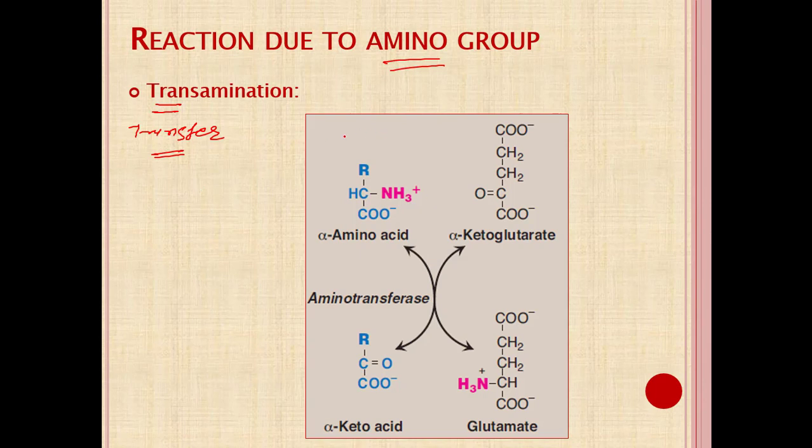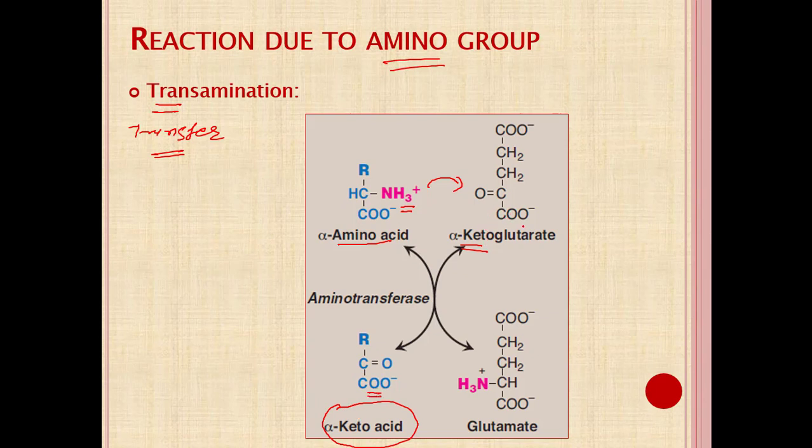So in transamination, what happens? The amino group from one amino acid is transferred to an alpha keto acid and produces a new amino acid. The amino acid that donates the amino group is itself converted into a keto acid, because when the amino group is removed, only the carboxyl group is present, so it is converted into a keto acid.